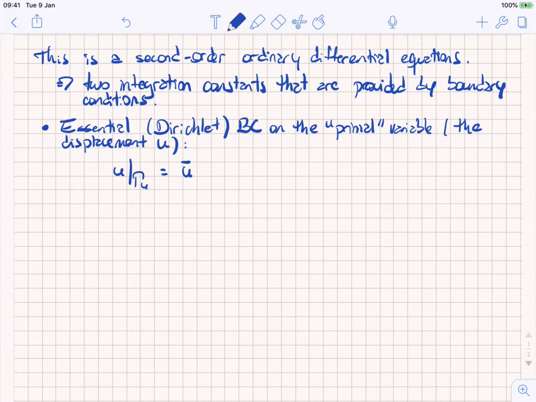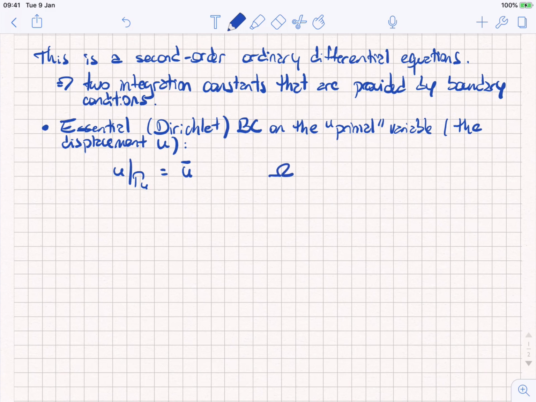And gamma u, normally what you find in finite element papers, is the part of the boundary where those conditions are prescribed. In this case, Dirichlet boundary condition. I'm going to get a bit mathematical here, but it's very simple to understand. What we said is our bar is omega.